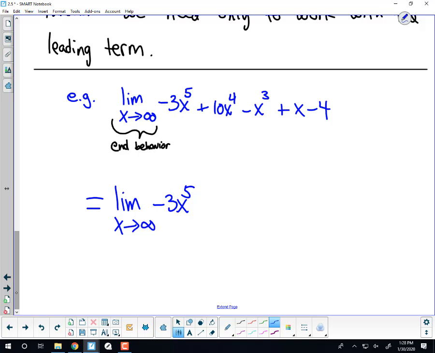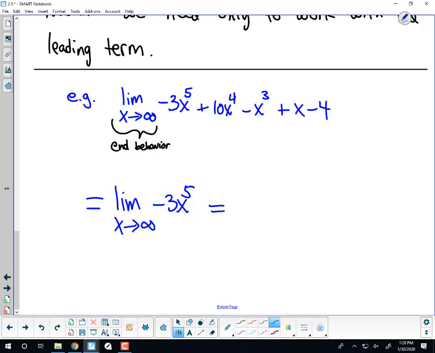You're just going to have to remember that. That's what you've done in algebra, and that's what you did in pre-calc, but now we're just making it specific with this limit notation. And once we've isolated that leading term, if it's still hard to determine, we can look at this more symbolically.